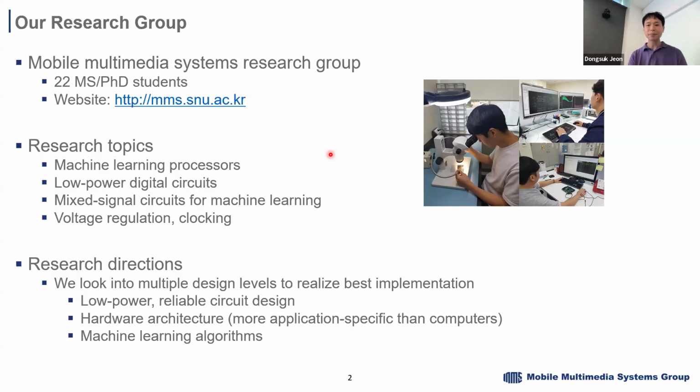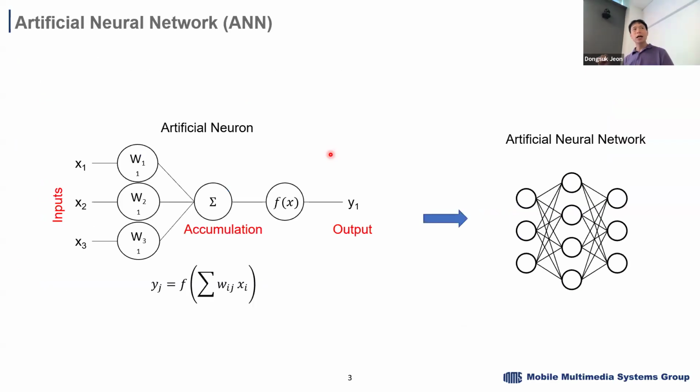Okay, so today's talk will be about neural network training, and I think all of you in this room are already very familiar with the neural network itself. So we already know the basics of the neural network, right? It consists of many artificial neurons, which look like the figure on the left side.